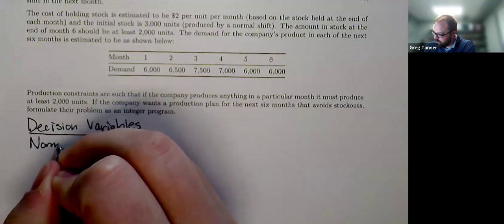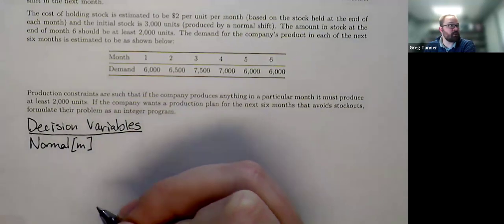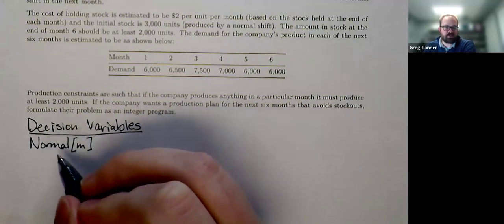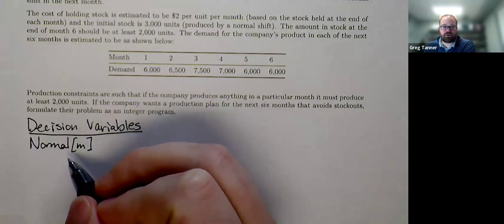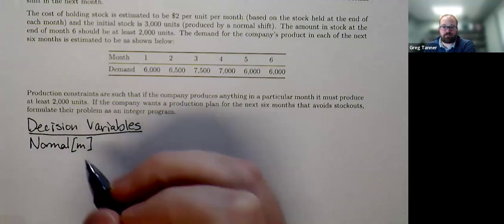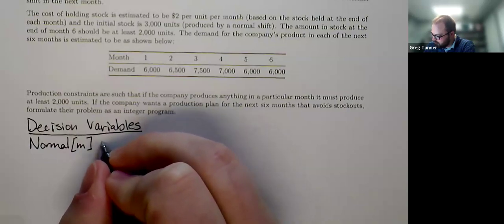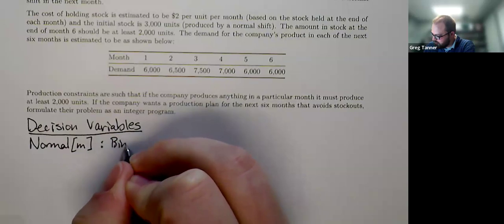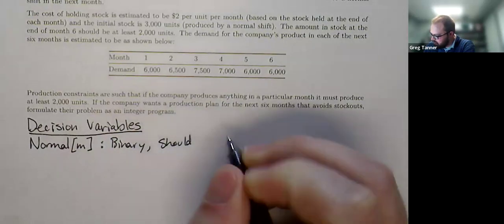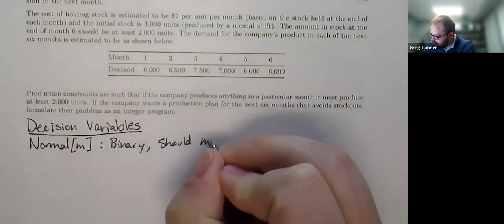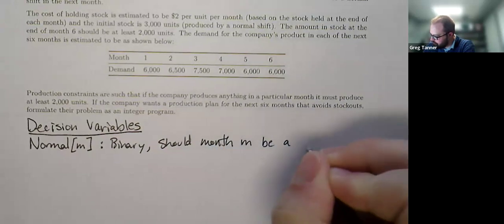So first we'll start off with one we'll call normal of M. Essentially, this is going to be a binary variable, and it's going to answer the question, should we do a normal shift in month M? And the question that it's asking is, should month M be a normal shift?